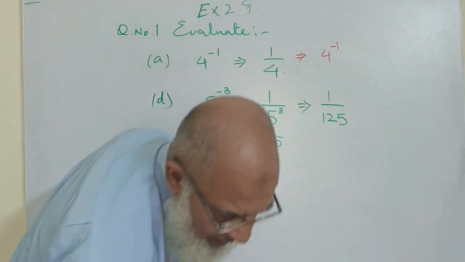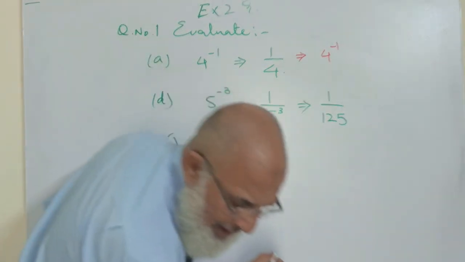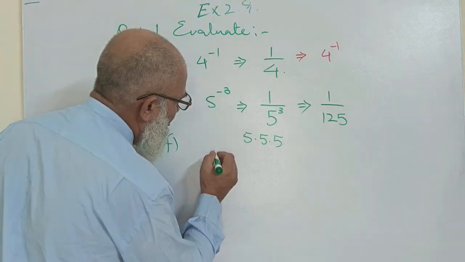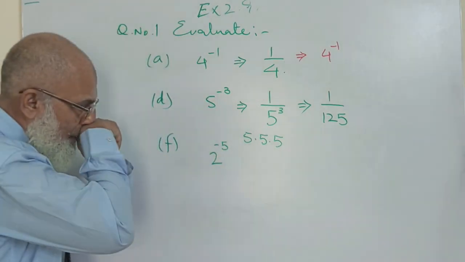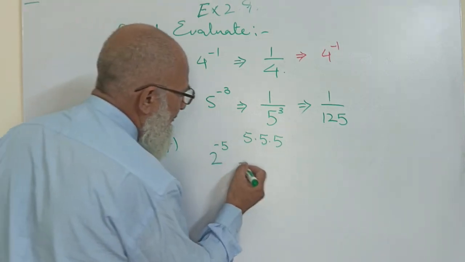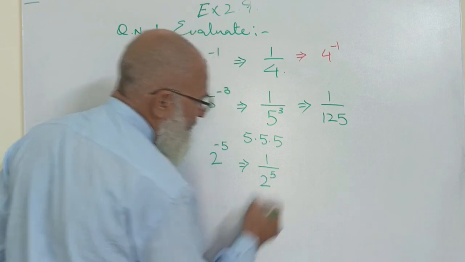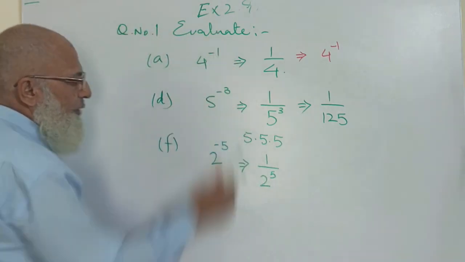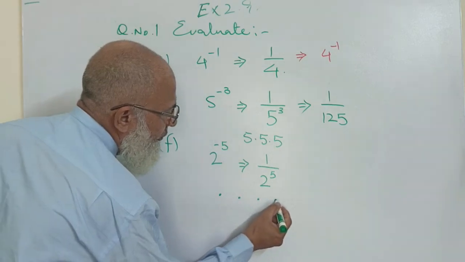Same is the case in part F. Part F says 2 raised to power minus 5. Now it means that it will go in the denominator, and since we have to evaluate it, 1, 2, 3, 4, 5.